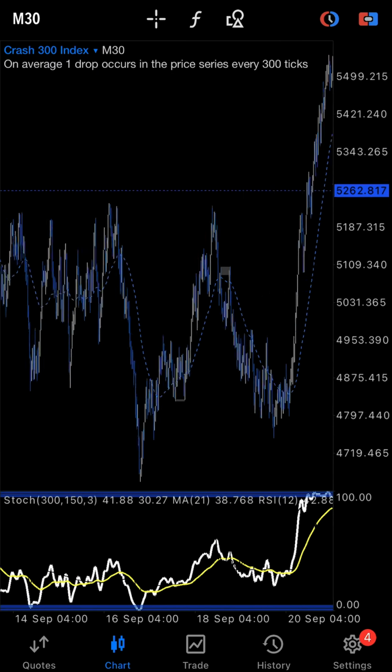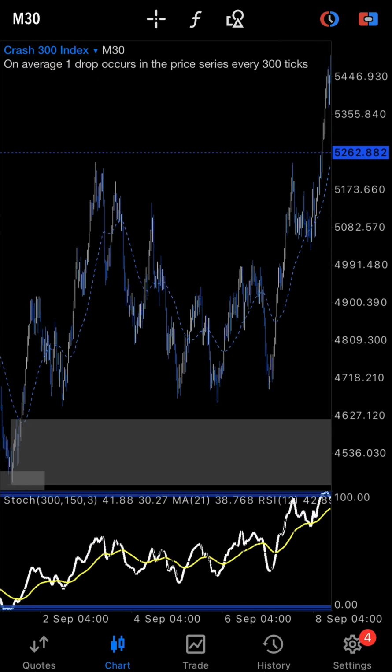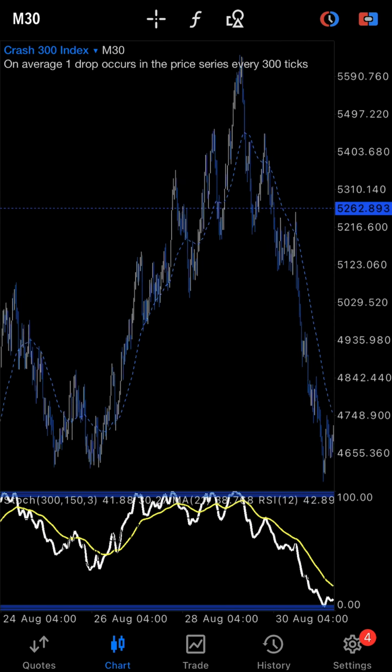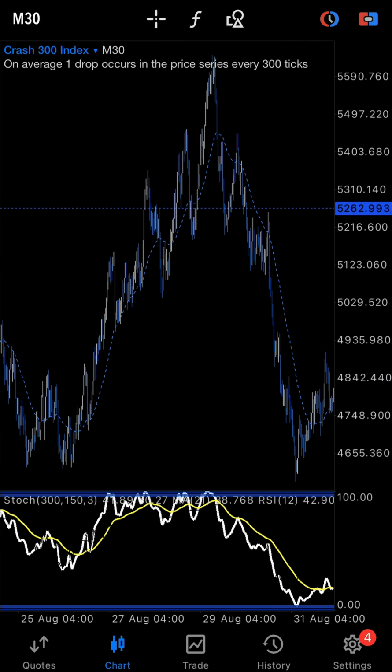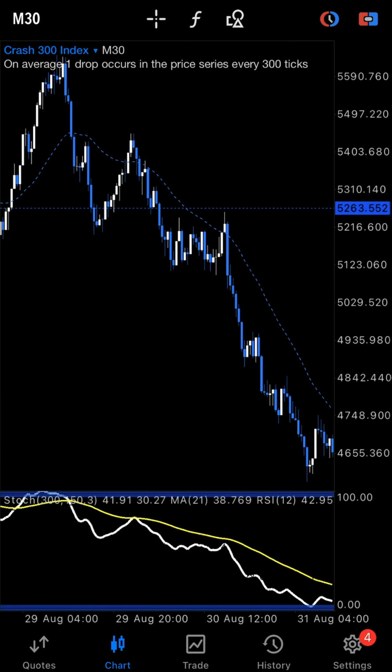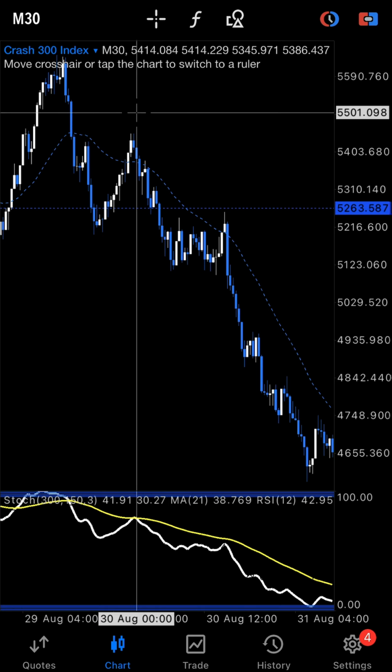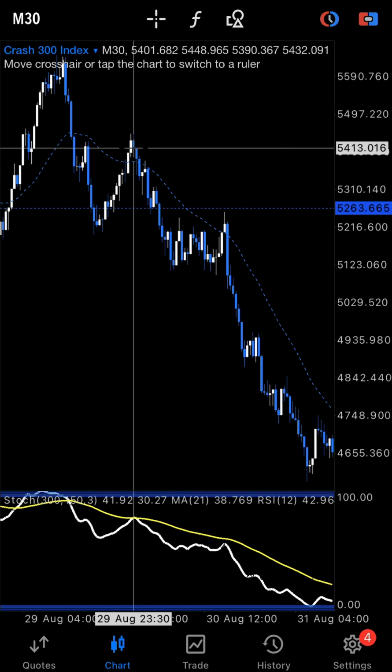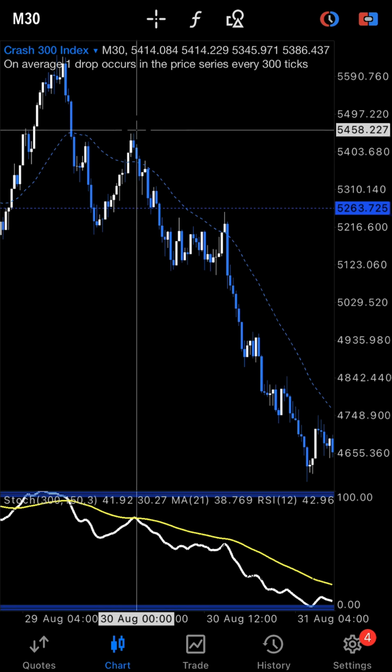Now let's look at another one where the stochastic is trending. Can you see the stochastic here is at the overbought? Now let's wait for a breakout. See the breakout here, and look at the retest here, look at the rejection candle here.